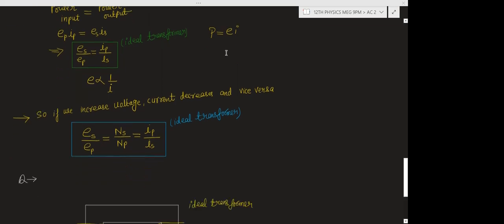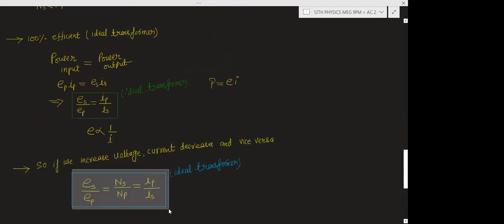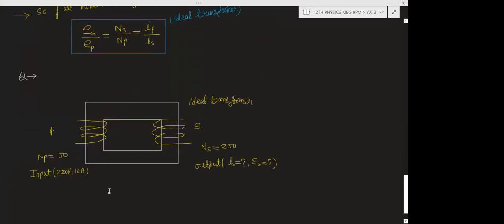Yes. Okay, so now see this formula. This is valid for an ideal transformer, and I have told you all the things. IP is the current in the primary, IS the current in the secondary, number of turns in secondary, number of turns in primary, EMF in secondary, or you can say voltage in secondary and voltage in the primary.